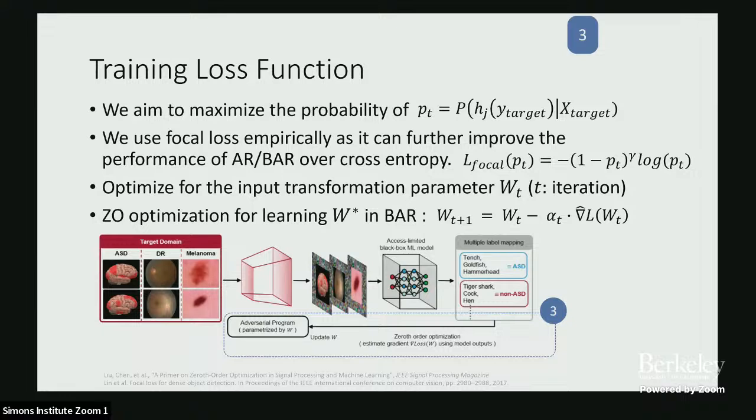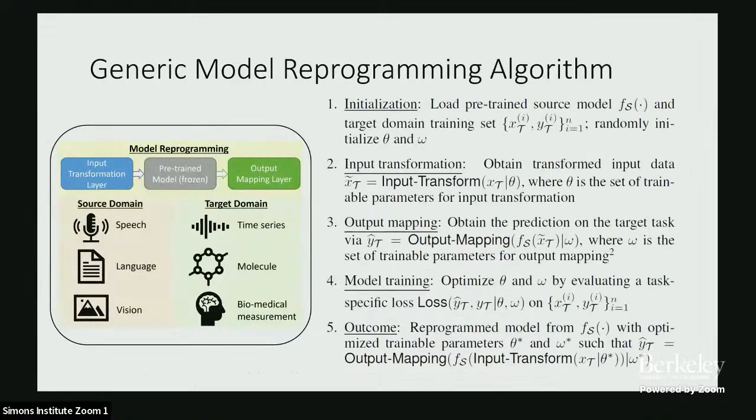So that is a simple example of how model reprogramming works for the image classification task. As I indicated earlier, this is a very general framework. We have applied this technique and principle to different modalities and different applications, and they can all be summarized into these high-level algorithmic procedures.